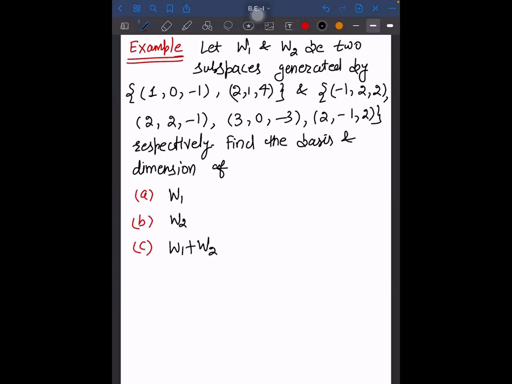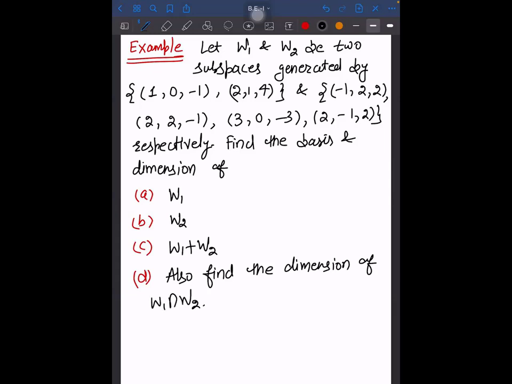And the fourth part, also find the dimension of W1 intersection W2. Now, this question is slightly different.